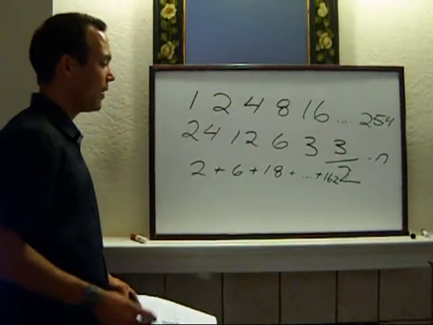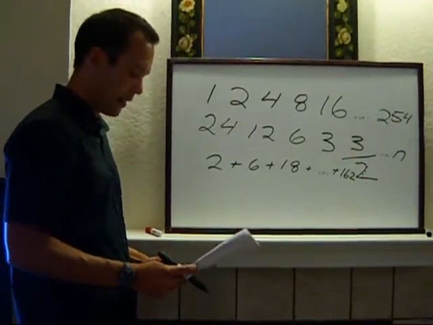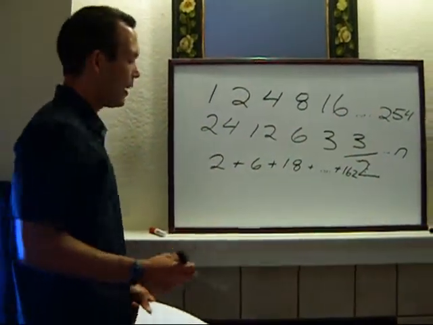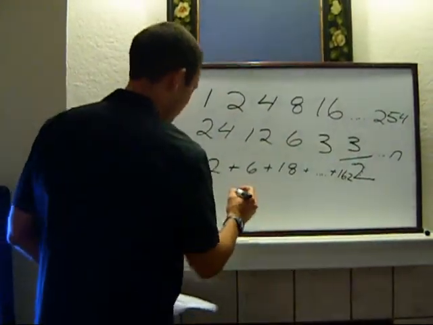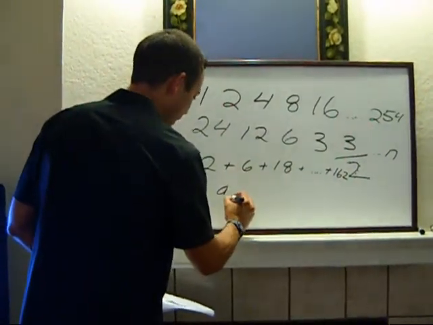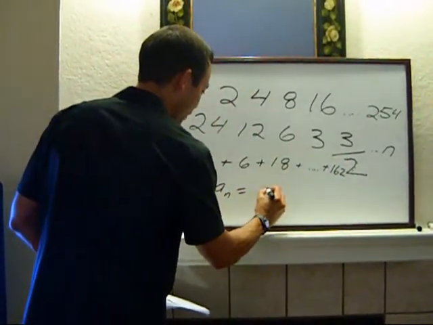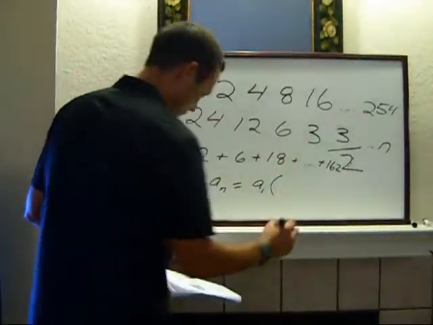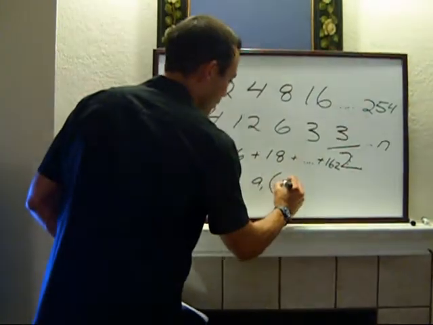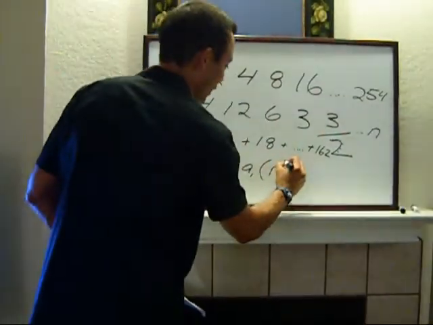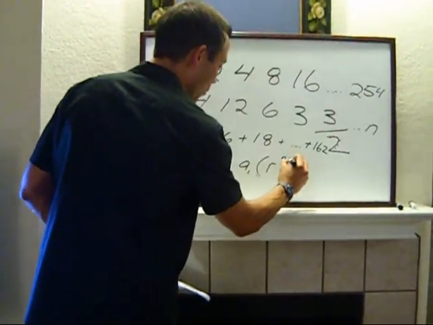So we're going to need a formula. Say you want to find the fourth term. I'm going to just write down a formula. Excuse me, I'm going to copy from my notes here. A sub n equals a sub 1 times r to the n minus 1. I'll tell you what all these terms mean in just a second.